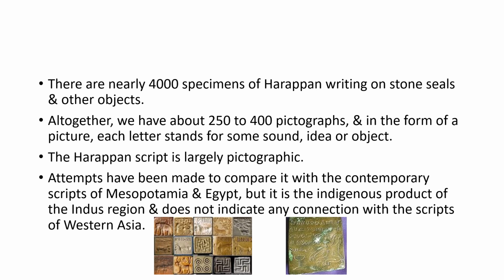Altogether, we have about 250 to 400 pictographs, in the form of a picture, and each letter stands for some sound, idea, or object. The Harappan script is not alphabetical but largely pictographic, and attempts have been made to compare it with the contemporary scripts of Mesopotamia and Egypt, but it is the indigenous product of the Indus region and does not indicate any connection with the scripts of Western Asia.